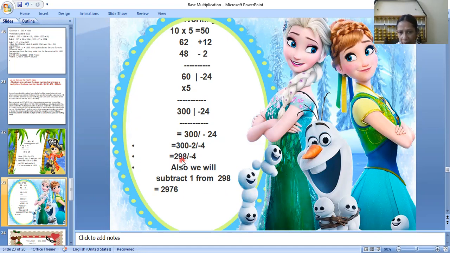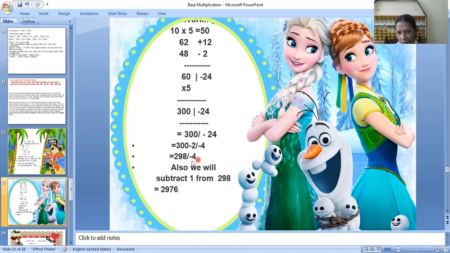So 298 minus 1 will be 297. And this is minus 4, so what will you do here? 10 minus 4. What is the base here? Base here is 10. So you will do 10 minus 4. 10 minus 4 is 6. So I have written this 6 here.